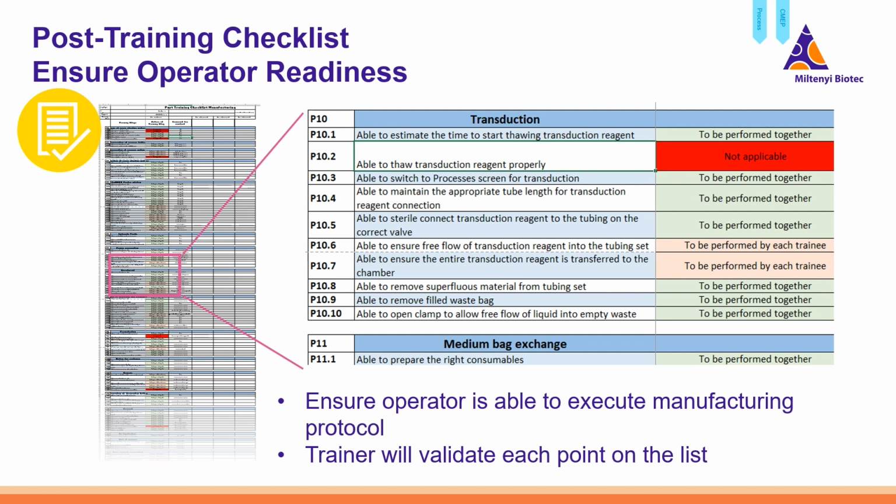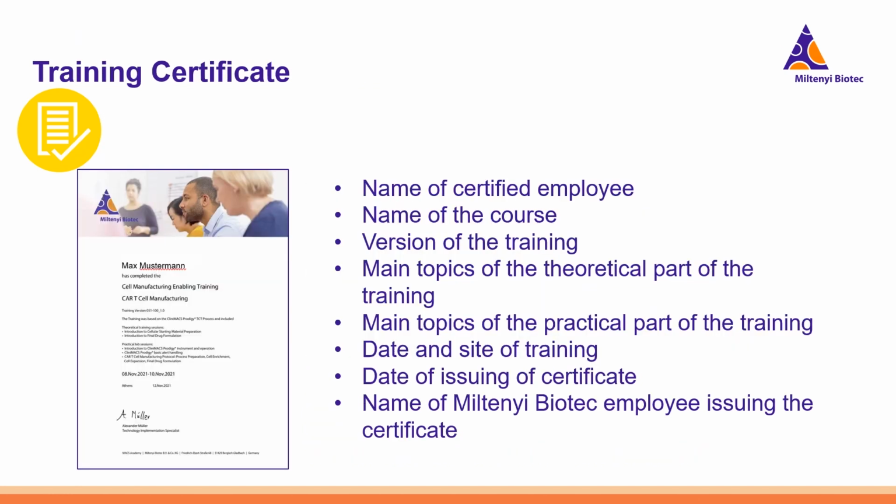Finally, once they demonstrate their capability of being able to independently perform the protocol, they are issued a certificate which contains the name of the employee, the name of the course, the version of the training, and the main topics that have been covered in both the theoretical and practical part of the training, as well as the date and site of the training, the date of issuing the certificate, and also the name of the Miltenyi employee issuing the certificate.